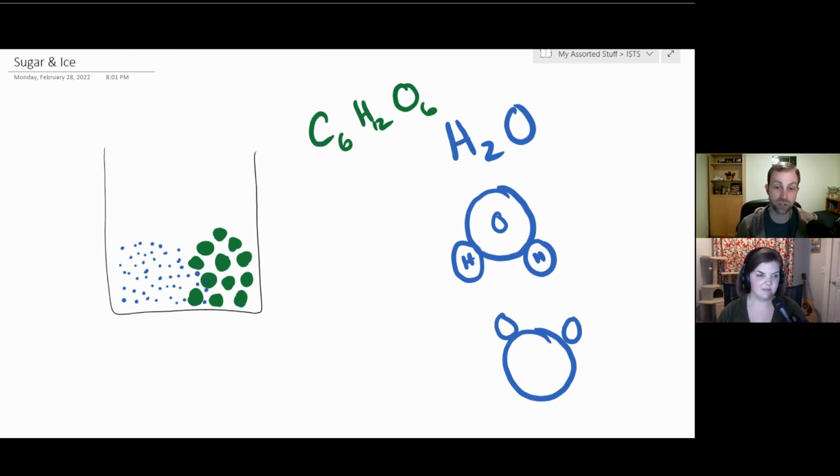And then you can break a sugar molecule free, and then it starts to move into that frozen water, and it feeds on itself as they're still moving. And all of a sudden you end up with water molecules in between the sugar molecules, which dissolves the sugar, but also separates those water molecules from each other and allows them to be a liquid.